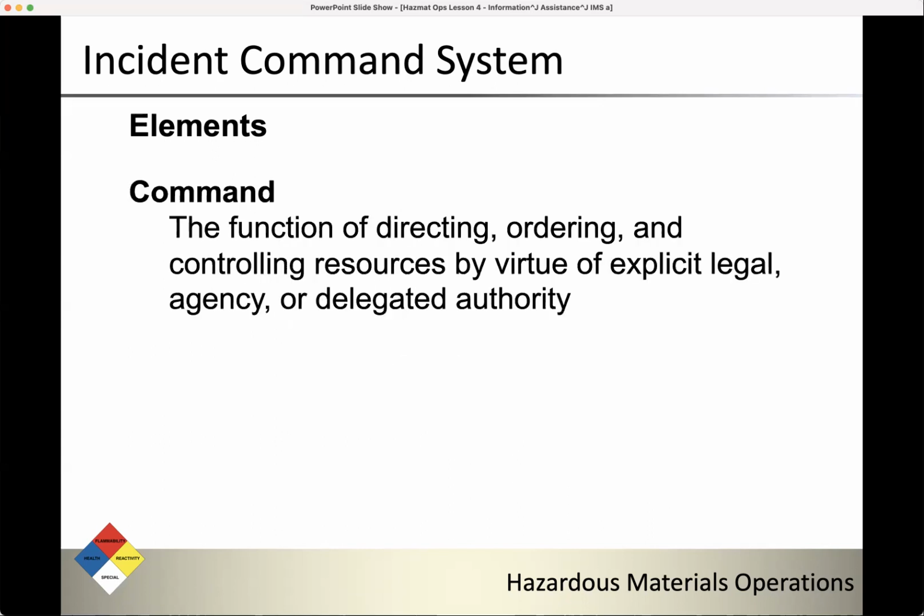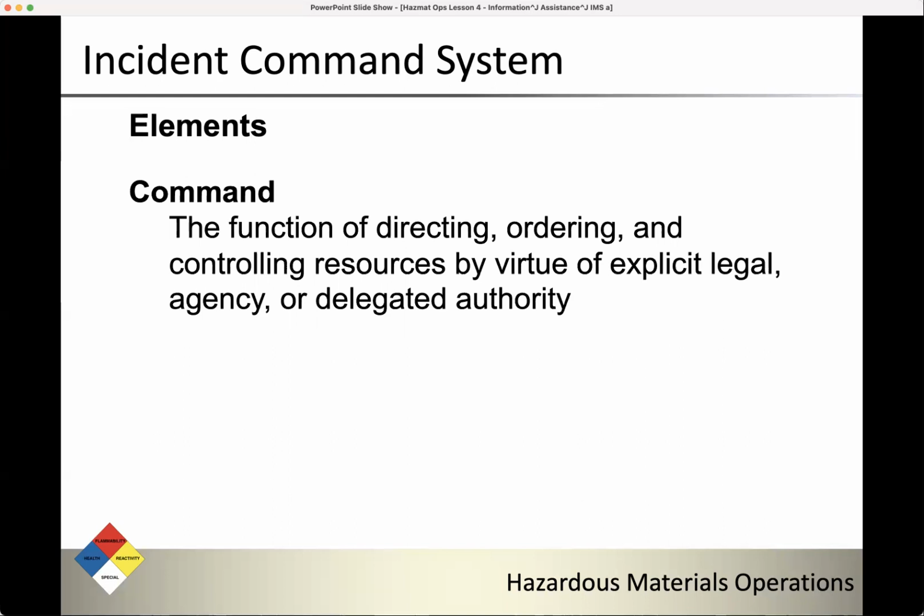So what is command? It's the function of directing, ordering, and controlling resources. You manage resources by virtue of explicit legal agency, or delegated authority. So what does that mean? Somebody has said that we want you to take care of this problem. Either legally, because your fire department says we're going to take care of it, or, for example, the mayor will come to you and say, hey, we got this going on.